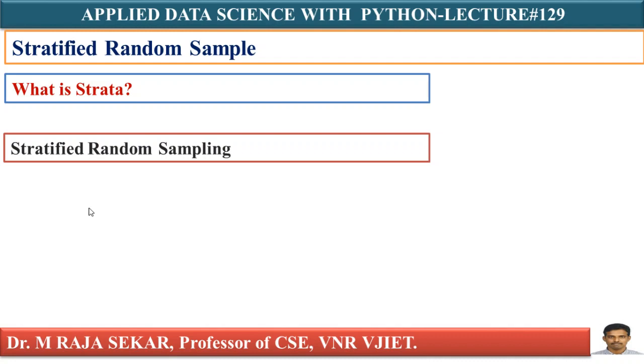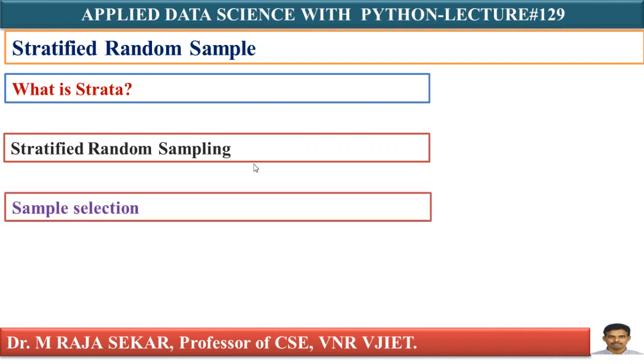From these subgroups, you have to take samples. That is known as stratified random sampling. As I told you, maximize homogeneity within the strata and maximize variance across the strata.